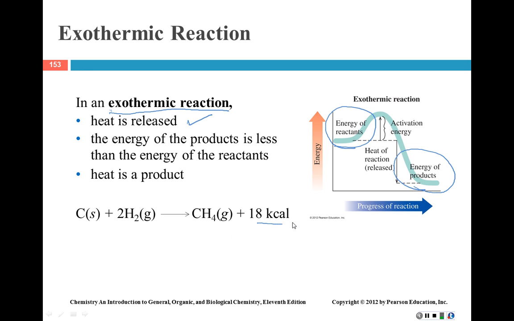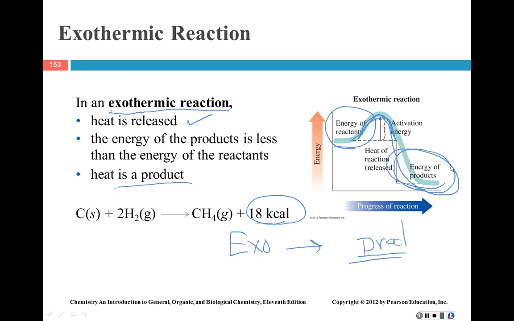And so heat or energy is a product, so when it's exothermic, the energy is on the product side. And so heat is released. This is when, if you react things and they get hot, then this was an exothermic reaction. Notice they have to overcome an energy of activation, and then their final energy will be less than what they started with.